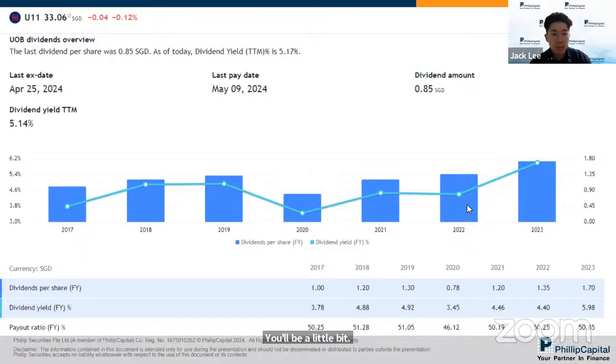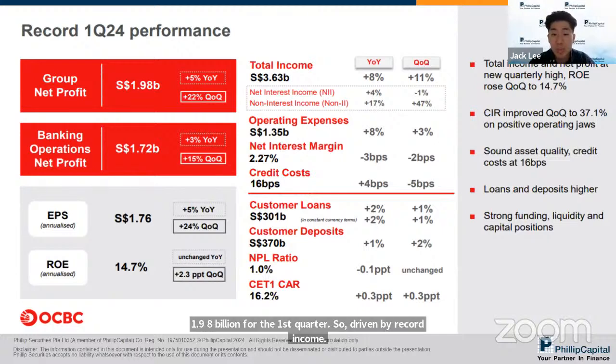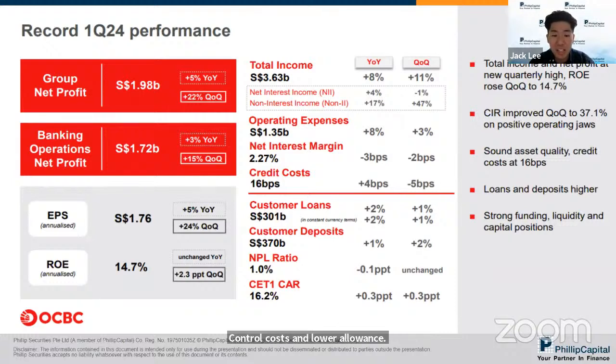Okay, so let us move to the OCBC quarterly result. OCBC reported a 22% increase in group net profit to 1.98 billion for the first quarter, driven by record total income, controlled costs, and lower allowances. Net interest income was around 2.44 billion, 1% below the previous quarter's record due to a shorter quarter.